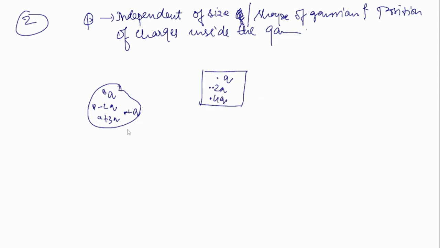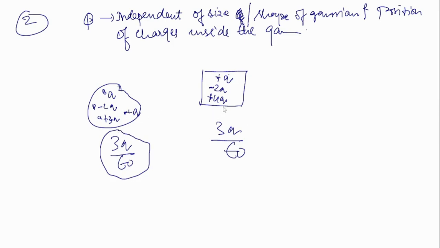If someone asks for the flux through the first, it will be 3 plus 1 is 4, 4 plus 1 is 5, 5 minus 2 is 3, so 3q by epsilon naught. And flux through the second will be 4 plus 1 is 5, 5 minus 2 is 3, so 3q by epsilon naught. So what you see is that flux is independent of the position of charges and the shape of the surface.